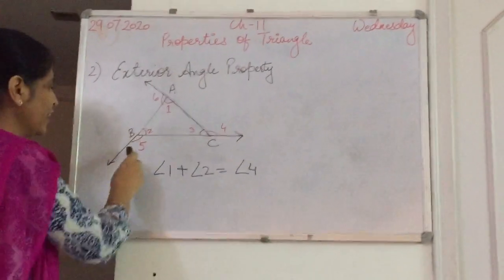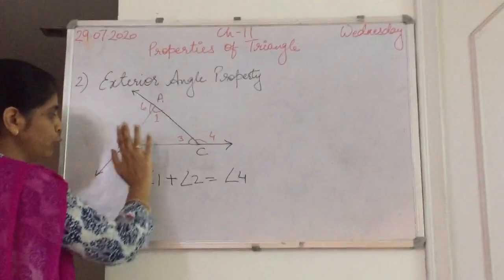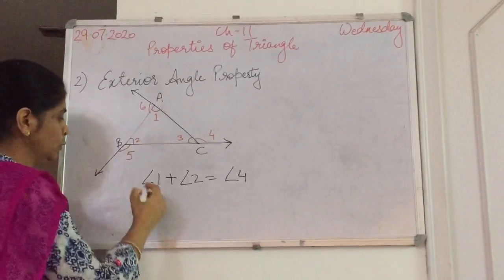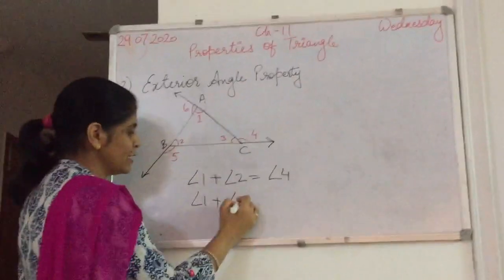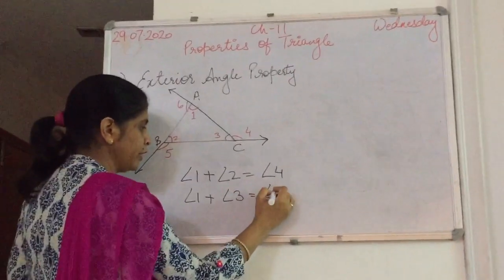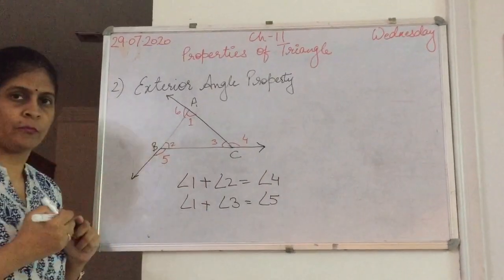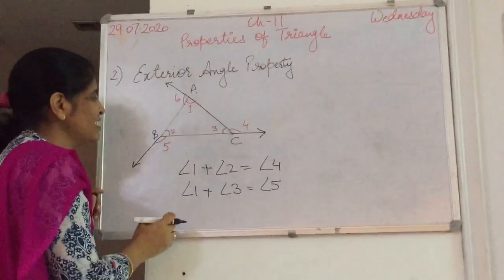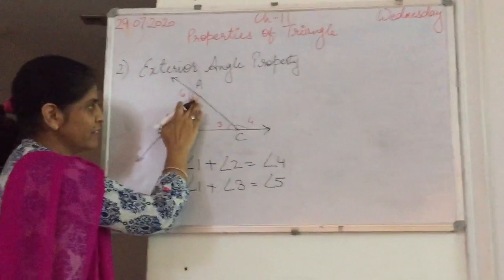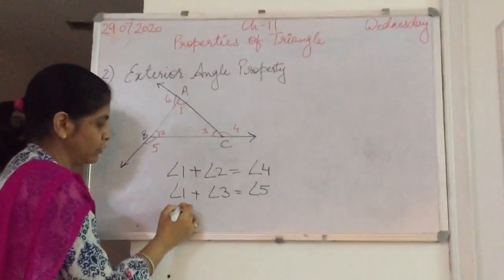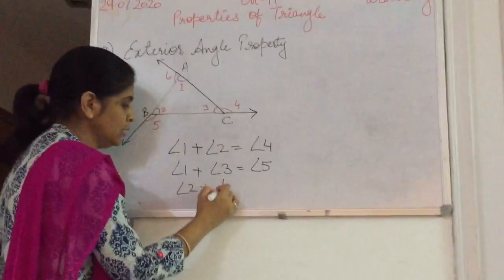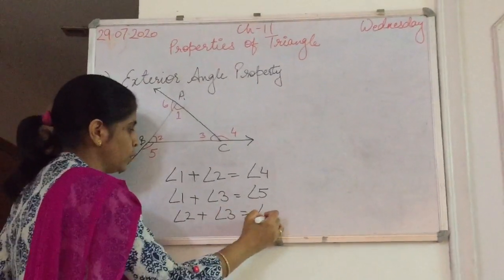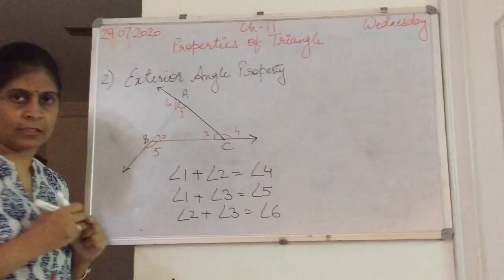Now if we talk about angle 5, we will not consider angle 2. It will be equal to angle 1 plus angle 3. Clear? Similarly, angle 6 is equal to, we will not consider angle 1, we will consider 2 and 3. Angle 2 plus angle 3 is equal to angle 6.